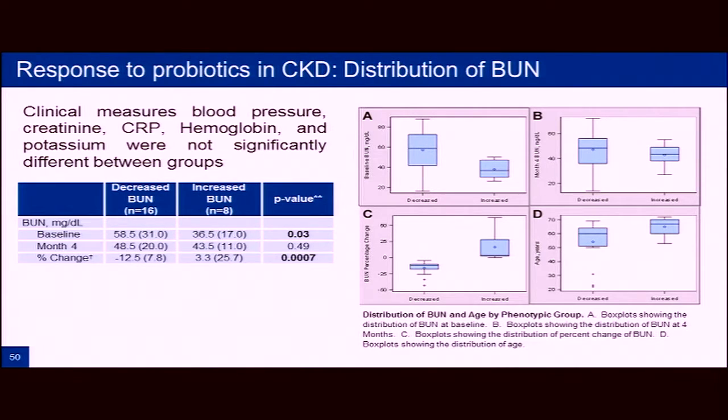And again, we selected the 2 groups based on a very significant difference in the change in BUN. And then in panel D is the distribution of age. So you can see we have a few outliers in the decreased group, which I think is really just driving that effect.